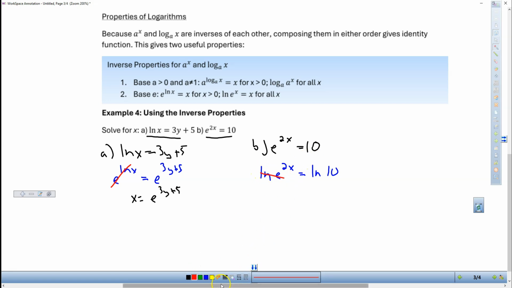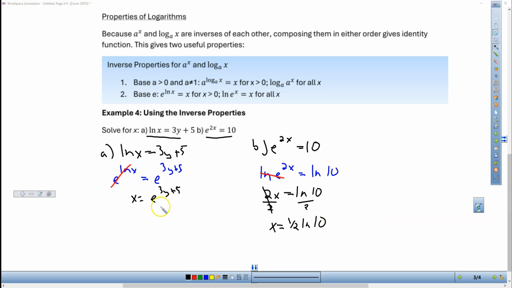This natural log and e will both cancel out, and that's going to take me back down to 2x is equal to the natural log of 10. But, of course, I can't just leave this x alone, so I need to divide both sides by 2. And so we should get that x is equal to 1/2 the natural log of 10.